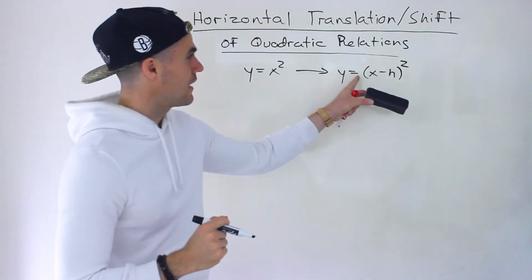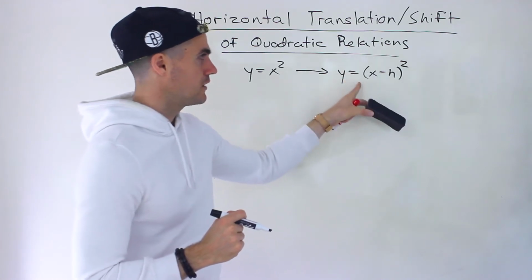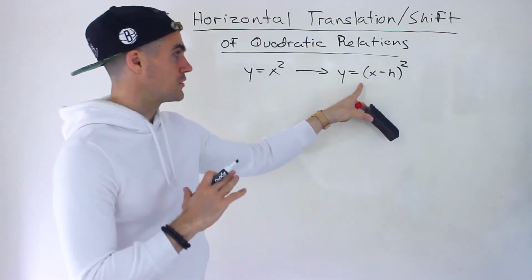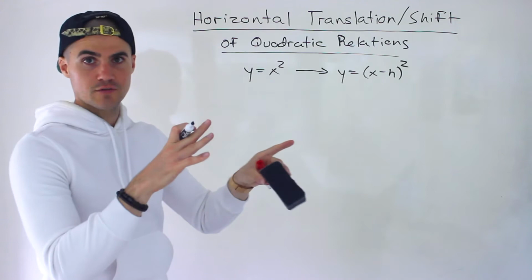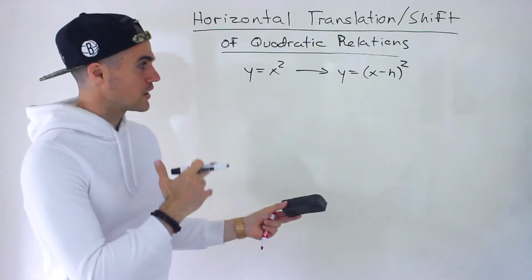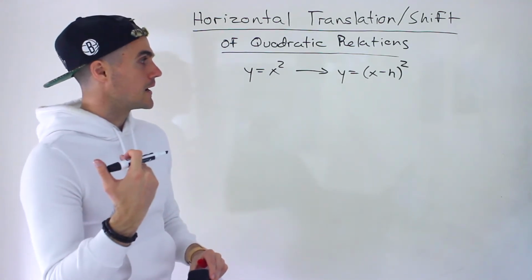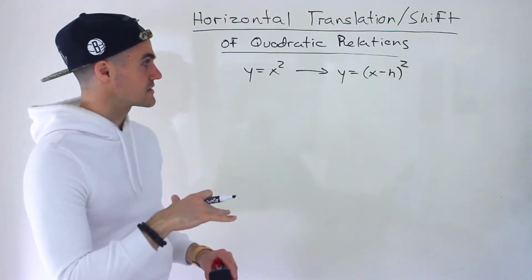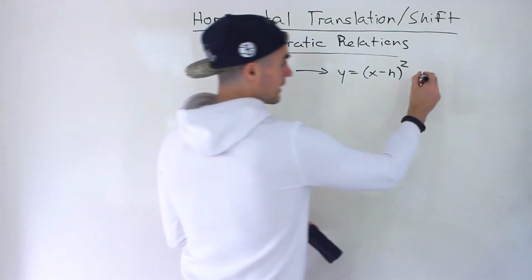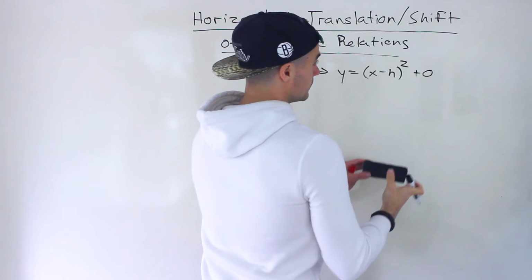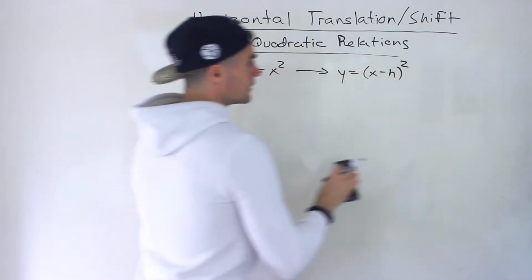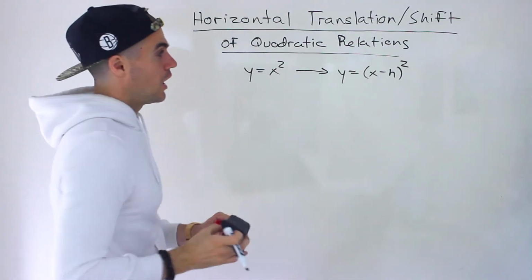Right? So there's an a value of 1 here in front, which if you remember from the previous video means that there's no transformation in terms of vertical compressions or stretches or reflections in the x-axis. And then notice there's no k value, right? There's a +0 over here that we're not writing. So we're strictly focusing on the h value.